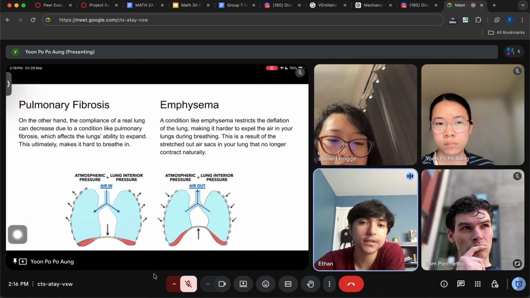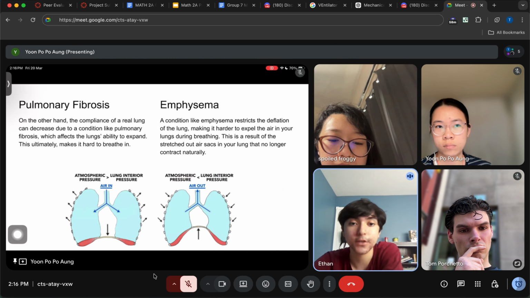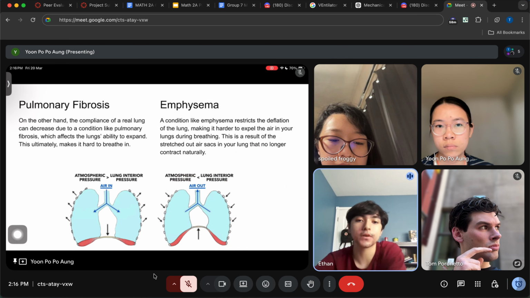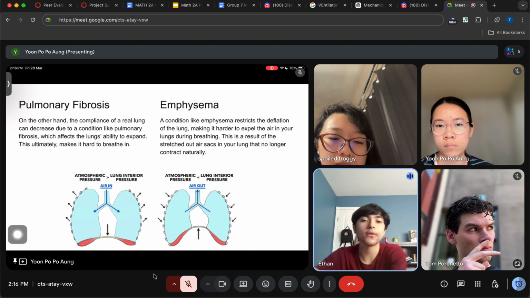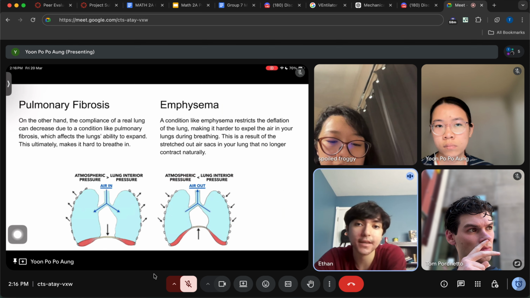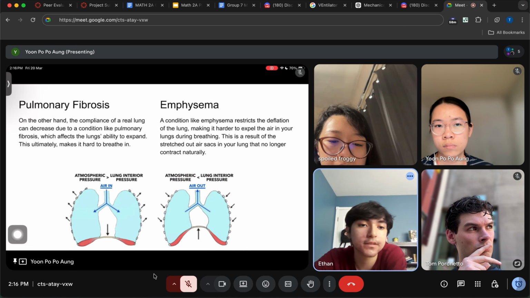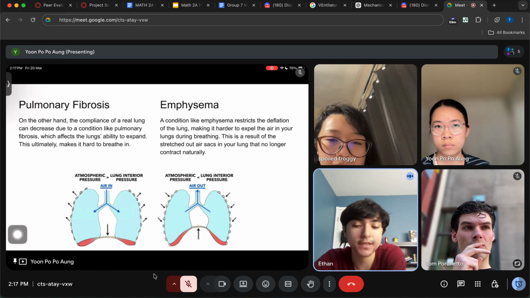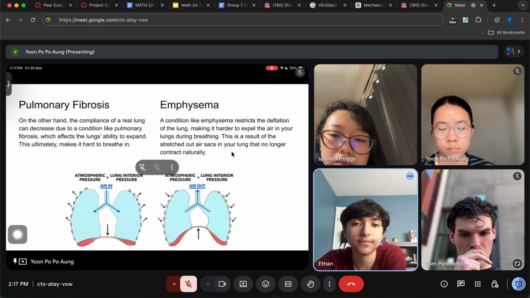For another condition like emphysema, the lung compliance increases due to the air sacs being stretched out, meaning that after they breathe in, it's harder for their lungs to naturally contract and push that air out, so some air can get trapped in. So these are two examples of why it's important to take into account the lung compliance.